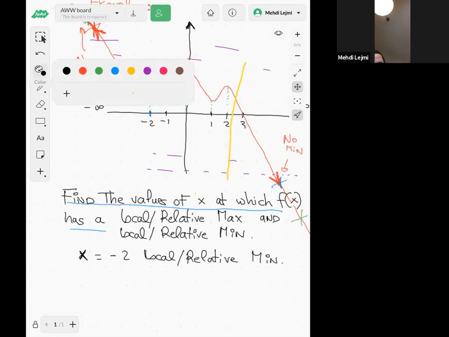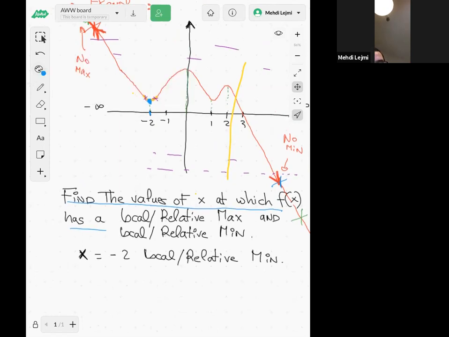Now, next point. As you can see, this point here, if you take a small neighborhood of that point, like this yellow neighborhood of the blue point, then the blue point is the highest point in this yellow neighborhood. If you take any other point in this neighborhood, the blue point is the highest.